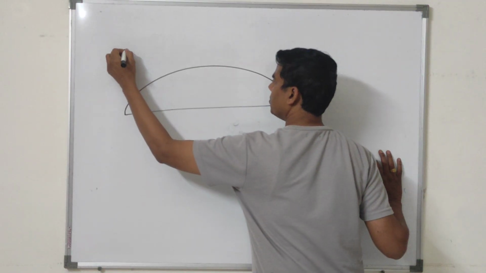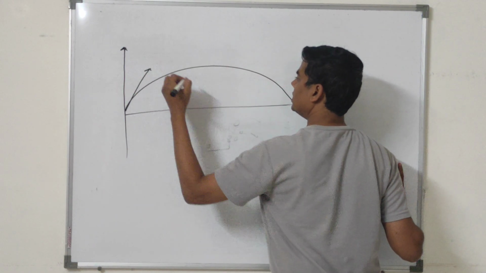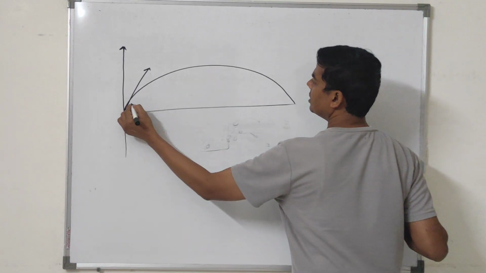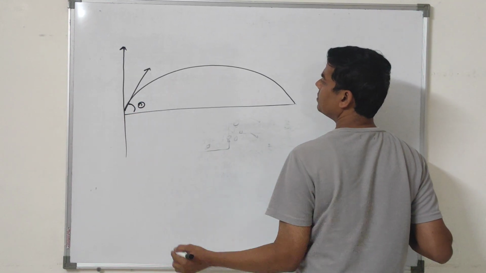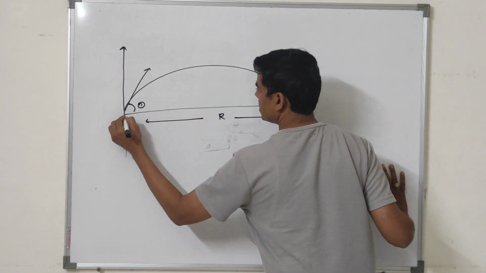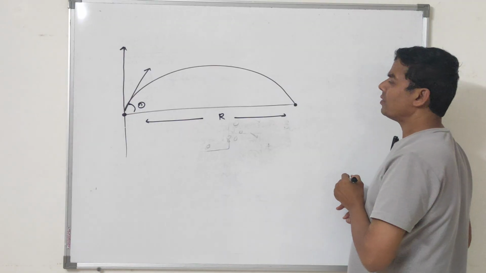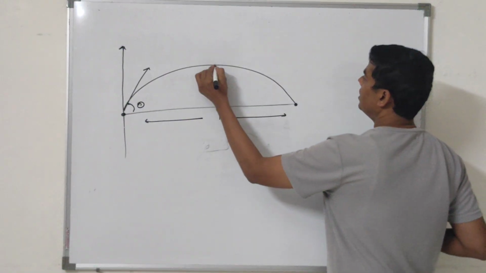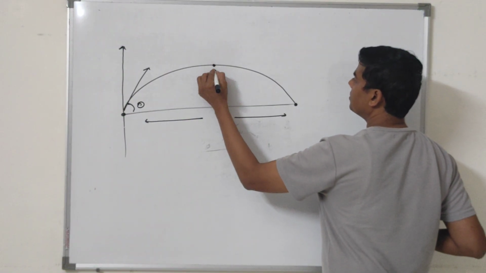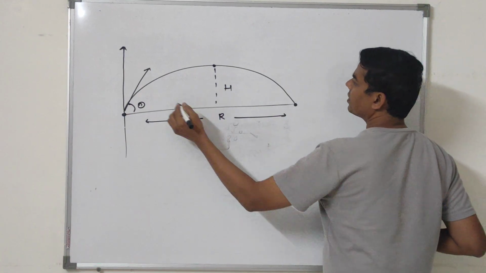This is a parabolic path, the projectile travels along a parabolic path. This is the angle of projection. This is the range of a projectile, that is the distance between the point of projection and the point where the projectile returns after traversing the entire trajectory. This is the maximum height of the particle during its trajectory.